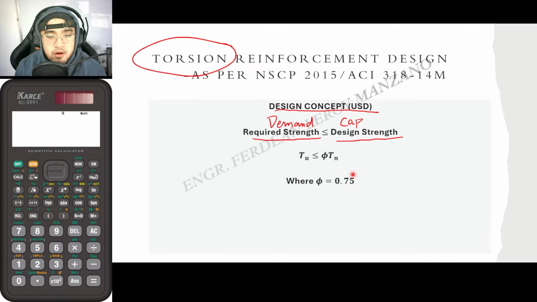Okay, so next question, do we really need to design our beams in torsion? So it actually depends. So hindi naman po laging nagde-design po tayo ng torsional bars, or we are not always required that we would be designing all of the beams in torsion. So it actually would depend.